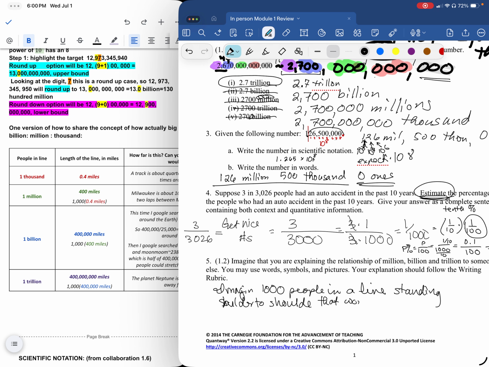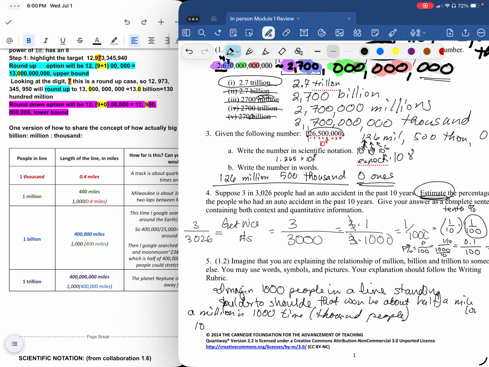That would be about half a mile. I mean, we had 0.4, but that's close to half a mile long. A million is 1,000 times 1,000 people.